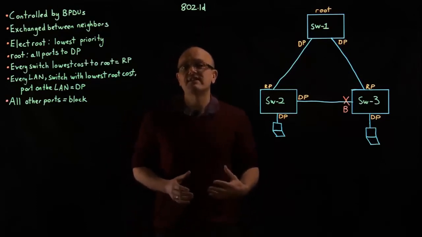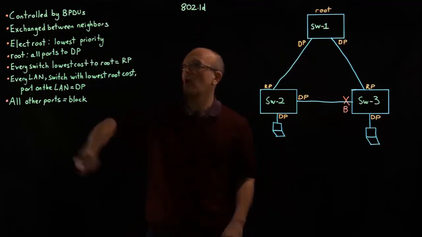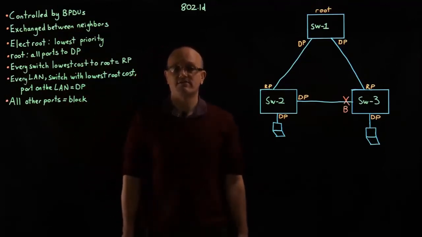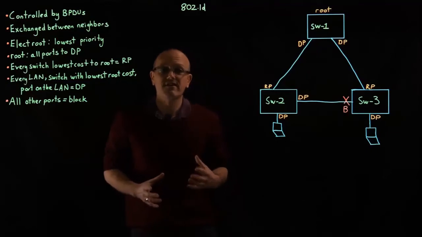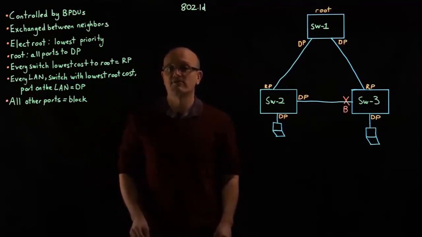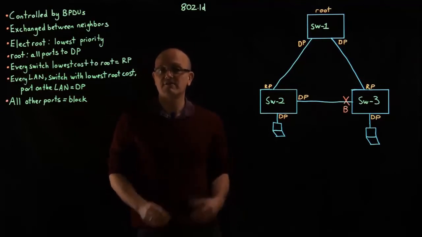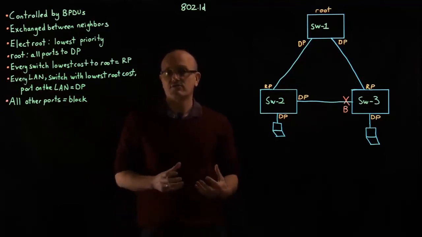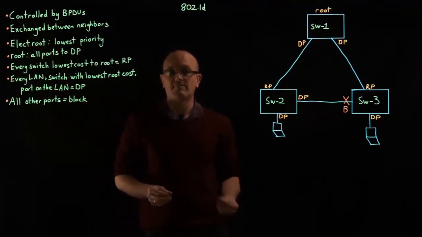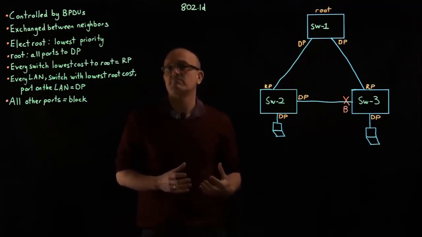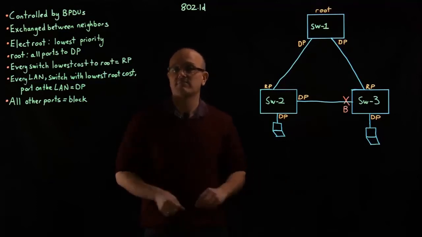Spanning tree is facilitated through the exchange of BPDUs, or Bridge Protocol Data Units. And these aren't flooded in a switch environment. What happens is that they are exchanged between neighbor devices, and then those BPDUs are passed by those neighbor devices. Some parameters in them are modified, and then they are sent out of other ports.